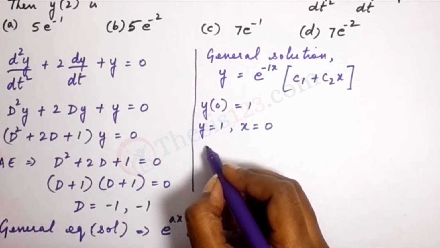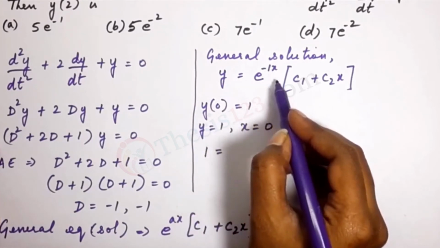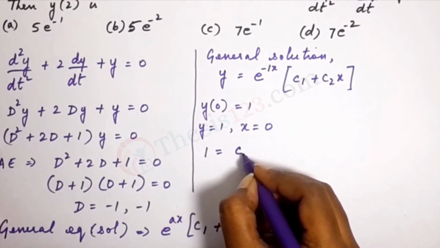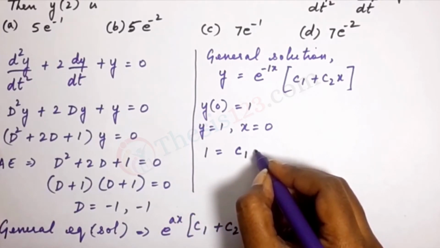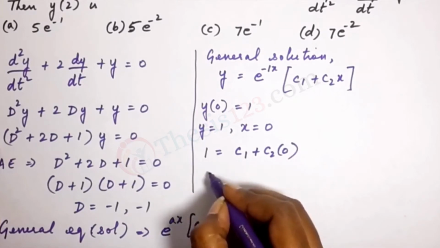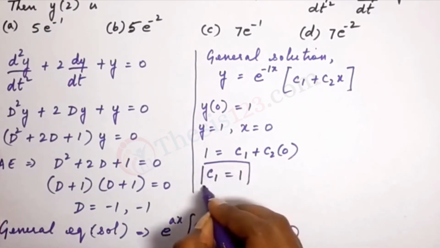So that would be 1 is equal to e power minus 1 times 0, which is e power 0, which is again 1, and we get c1 plus c2 times 0. So here we directly get the value of c1. c1 equals 1.